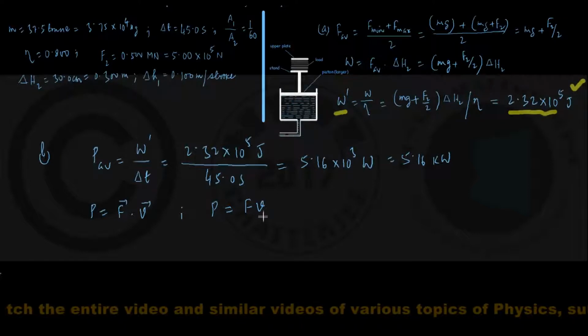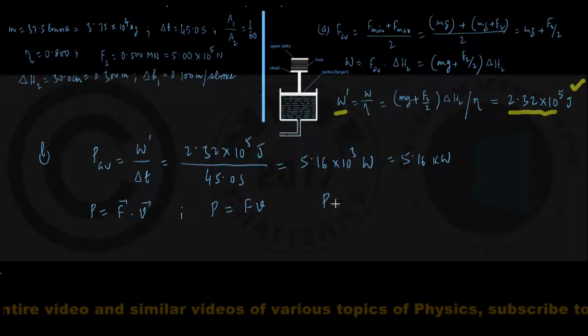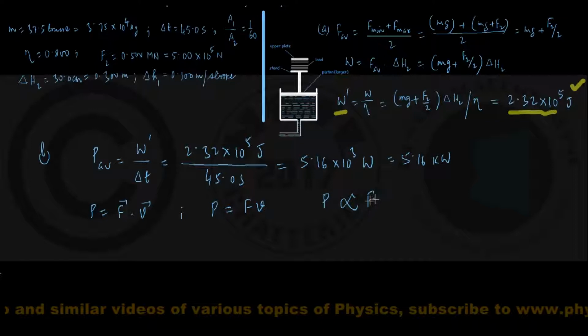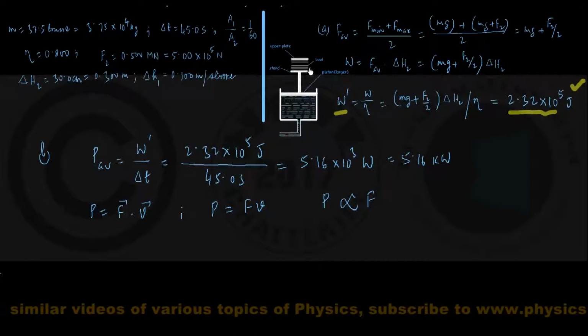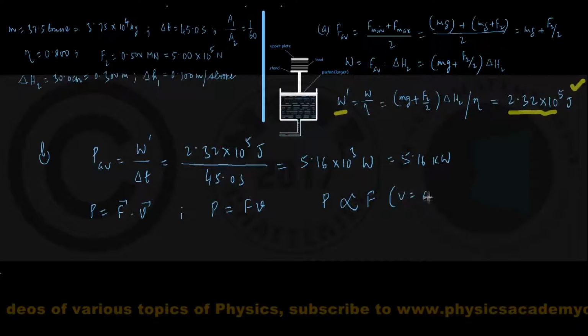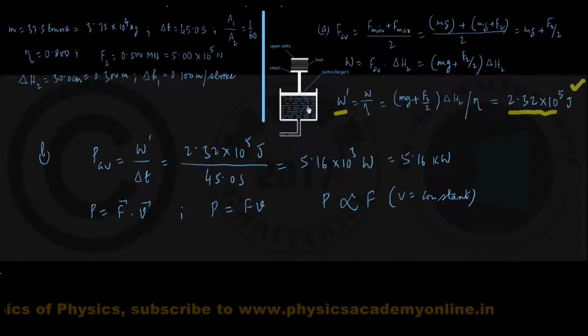In such case, V remains constant, and you can write down the power supplied by the engine is directly proportional to the force applied by the piston onto the load. This is true for V constant, which is the usual case assuming the piston is advancing upwards at a constant speed.